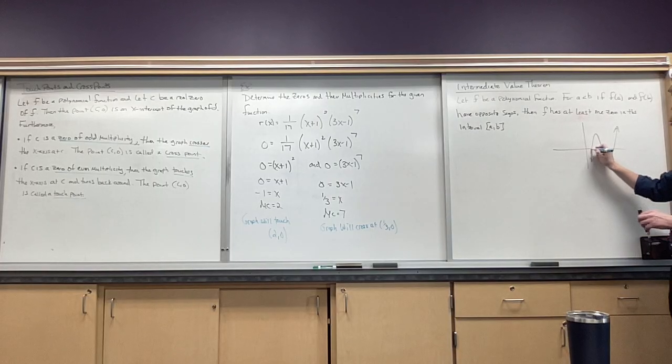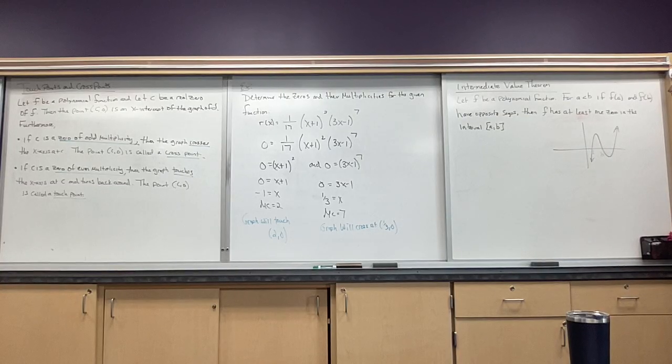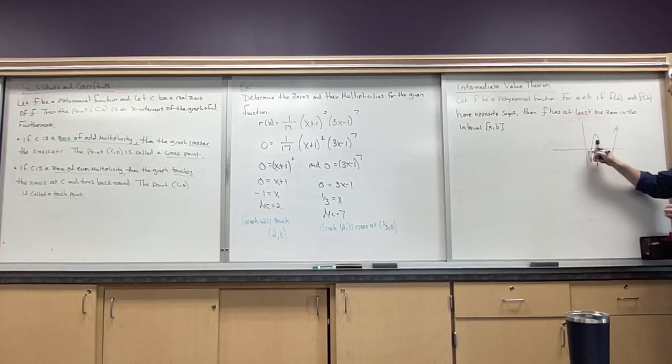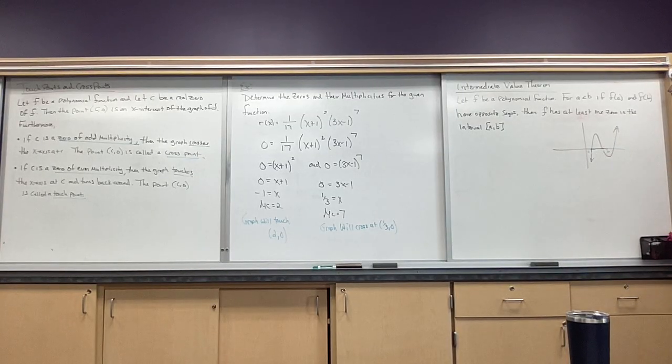And right here, let that be A, and right here would be B. So this is going to be my interval. Actually, let's change that. Let A be somewhere over here, and B somewhere here. So I'm going to explain one other thing with it. Okay, so here's my interval.